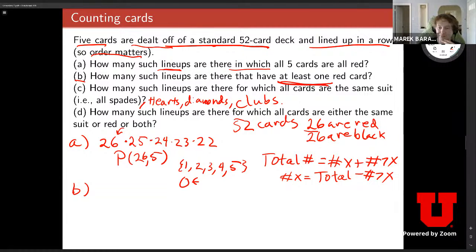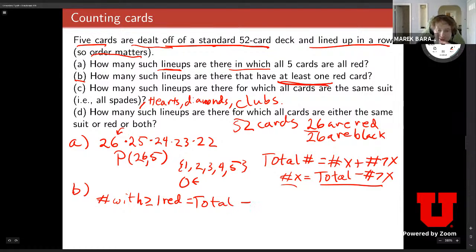So if we go to this rule here, the number of 5-card hands with greater than or equal to 1 red is equal to the total number minus the number with 0 red, or equivalently with 5 black.